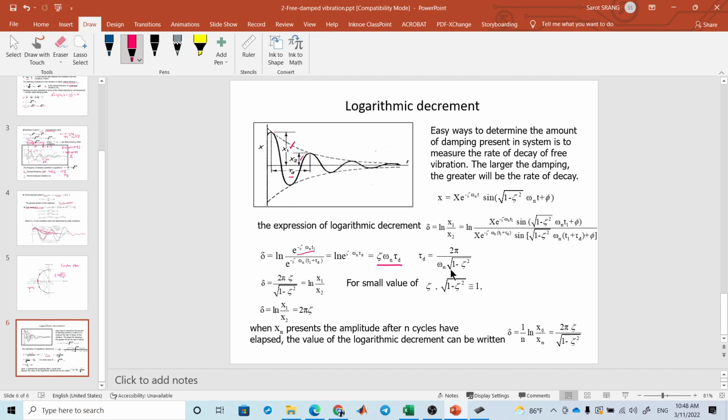Okay, and here tau d, the period, is 2 pi over this. So finally, for small values of zeta, this is an approximation, this one is just approximately 1. So finally, the ratio is approximately 2 pi zeta.